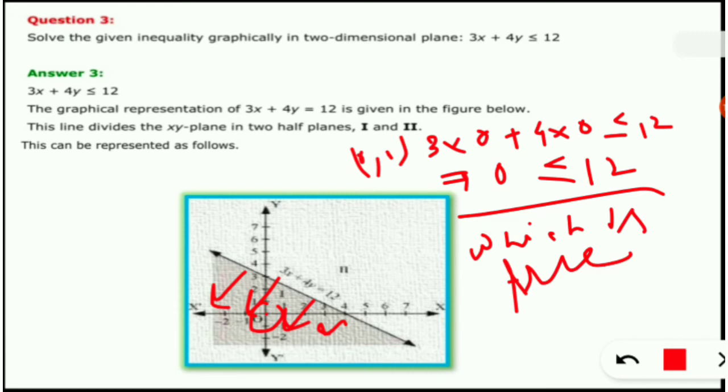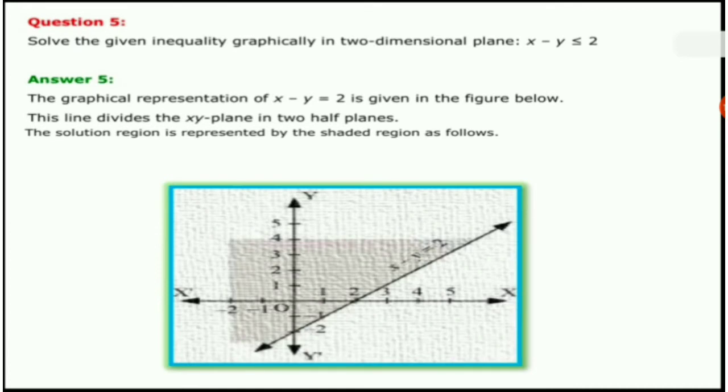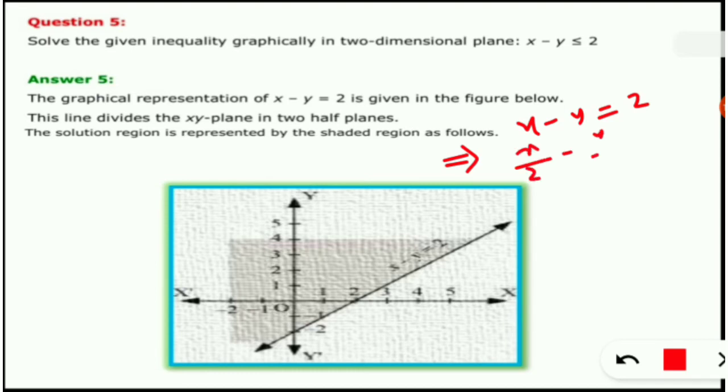Next, question number 5. The given inequality is x − y ≤ 2. The graphical representation of this line is x − y = 2. If we divide both sides by 2, we get x/2 − y/2 = 2/2, that is 1.